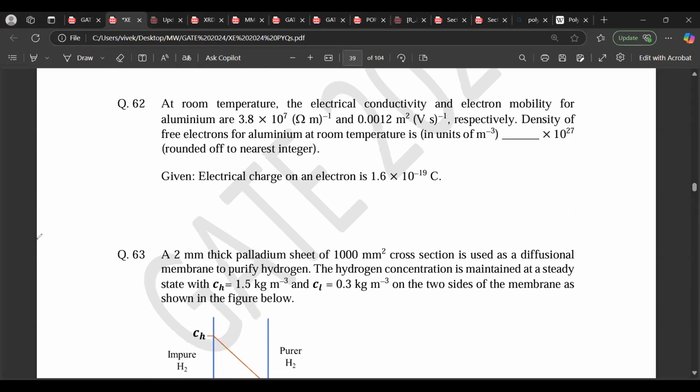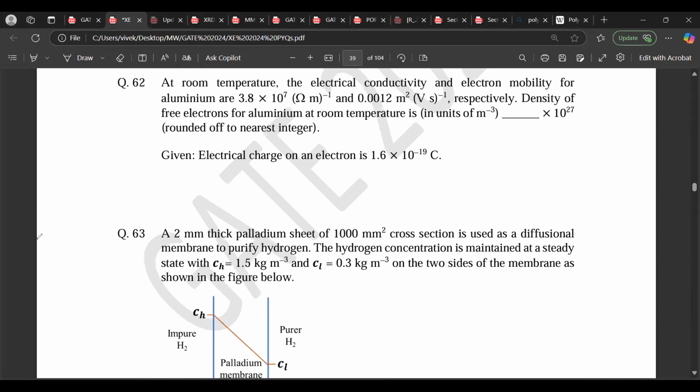Oh my god, this question can also be asked in GATE, for 2 marks. They have given you the electrical conductivity sigma, 3.8 into 10 power 7. Remember the unit.